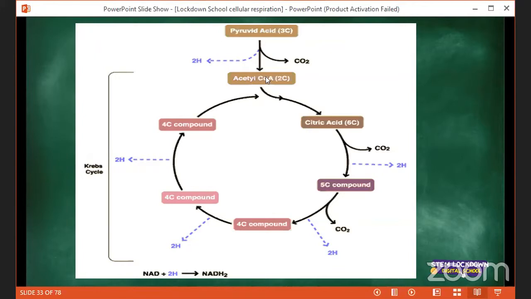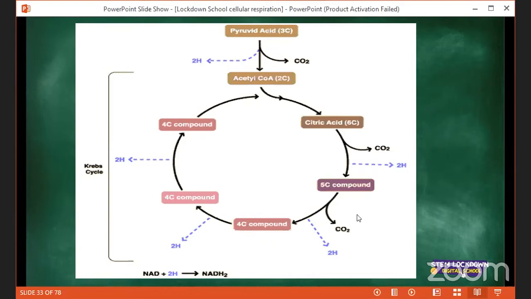So we have our pyruvic acid and it is turned into acetyl-CoA. So in this process here, where pyruvic acid is turned to acetyl-CoA, we have the release of carbon dioxide and 2 hydrogen atoms. And then your acetyl-CoA turns into citric acid, which is a 6C molecule. And then we also have the release of carbon dioxide again from citric acid to your 5C compound, and we also have a release of 2 hydrogen atoms.